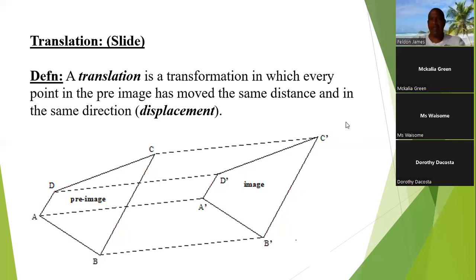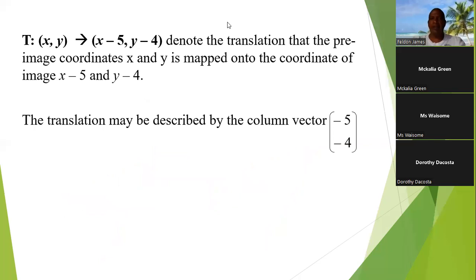All right, so that's the displacement. Now, this is how we would write the relation for this transformation. So the translation would be represented by T. And we know that the colon in mathematics means such that.